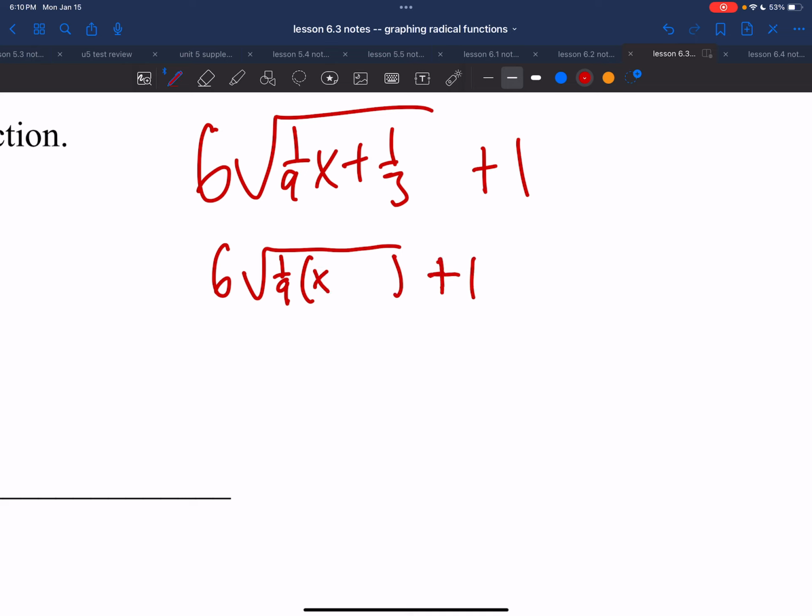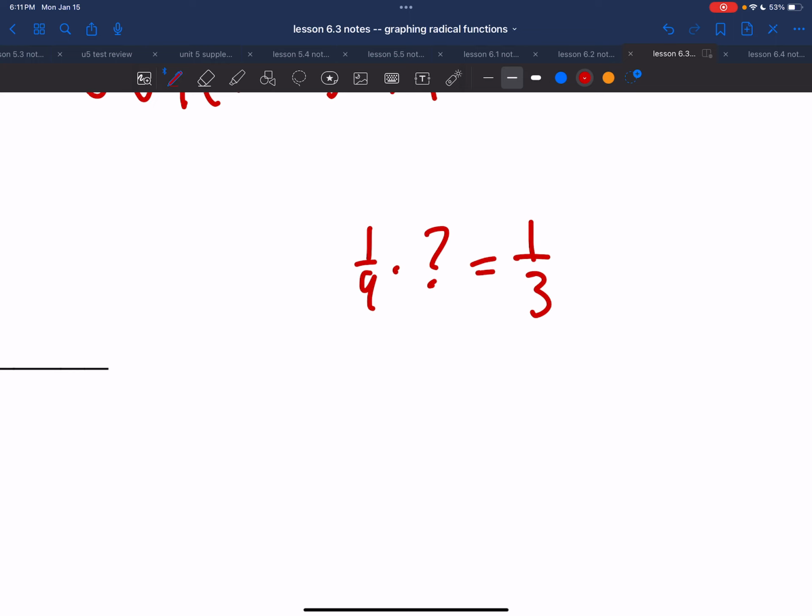What does the 1/3 become? You're pulling out 1/9, and distributing back inside, 1/9 times x is 1/9 x. But 1/9 times what is 1/3? We can solve this if we multiply by 9 on both sides.